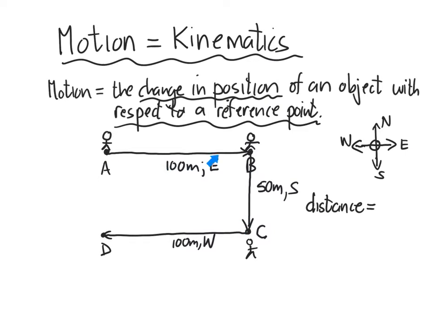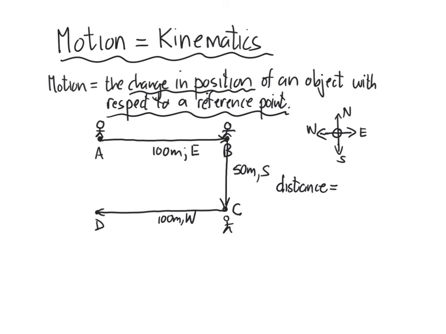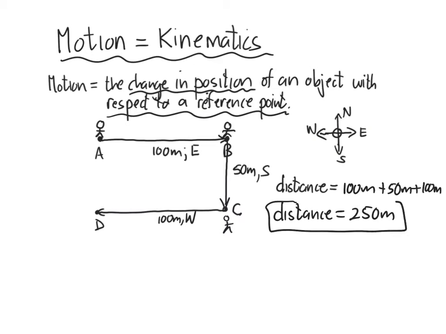So the length of the actual path traveled would be from A to B is 100 meters, from B to C is 50 meters, and from C to D was another 100 meters. So the total distance would be 250 meters, and recall that distance is a scalar, so there's no direction associated with it.